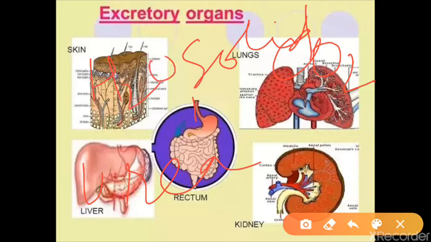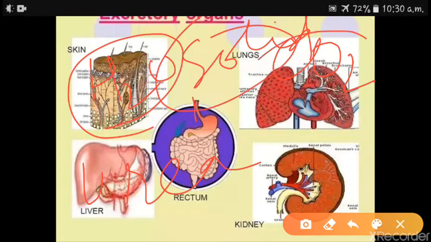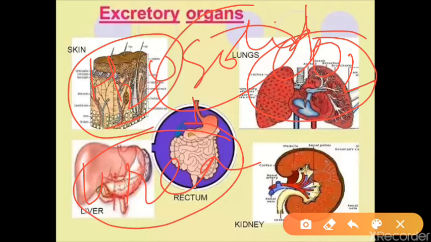Now the kidney, I'm just leaving it, I will teach you later. As we saw in the previous image, the kidney is an excretory organ. So what are the excretory products that are made? The excess water, solid waste, CO2, urea. These are all excretory products.